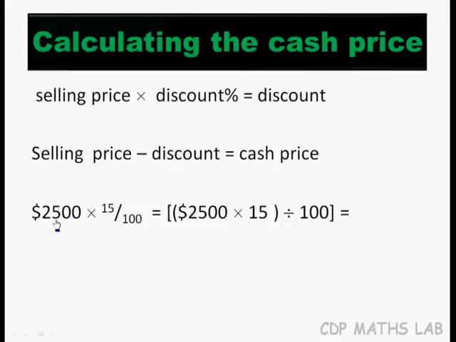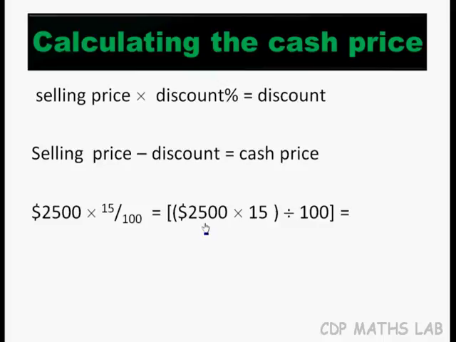Here it is. Now the selling price is what? 2,500. And you are going to multiply it by 15%, because 15% was the discount percentage. Now 2,500 times 15, right here in brackets, will be divided by 100. Now you can use your calculator, and if I were you, I'd go for your calculator.